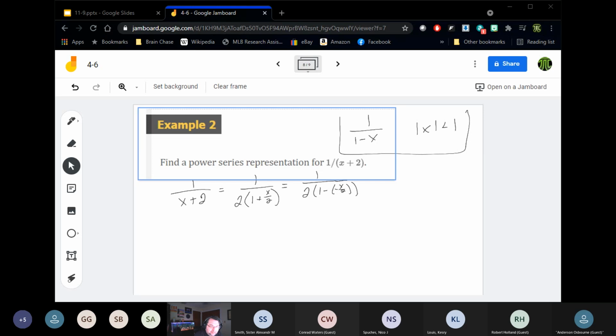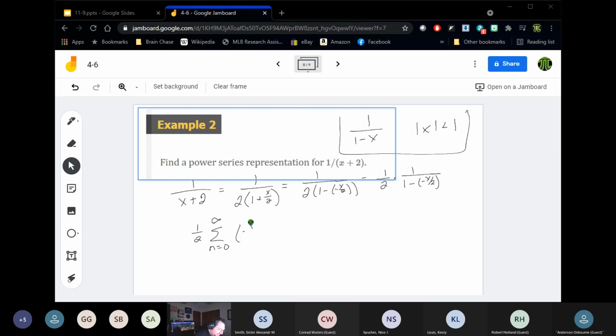So if I look at this, I can rewrite this as 1/2 times 1 over 1 minus negative x over 2. So my power series will have the 1/2 out in front. And then that's by x value.